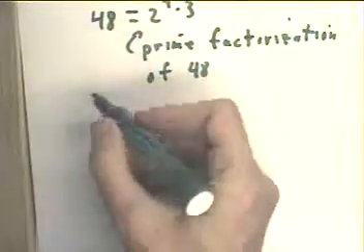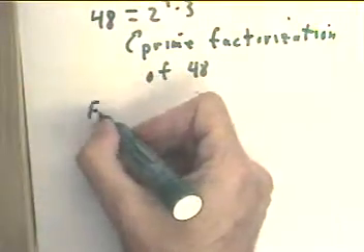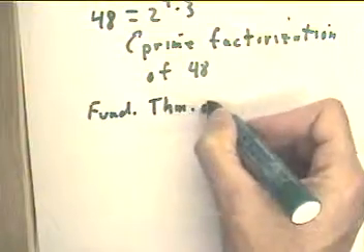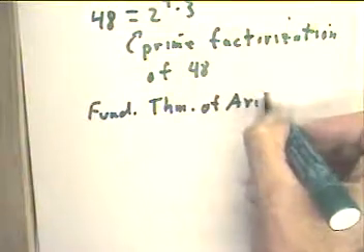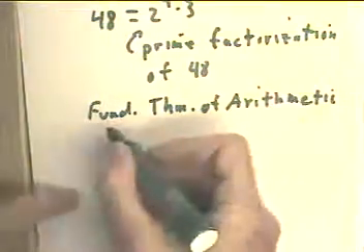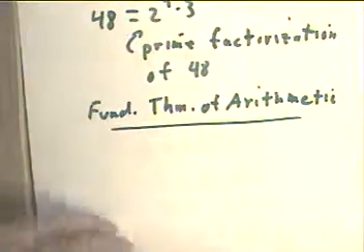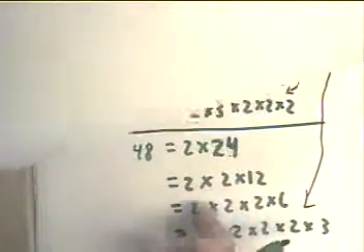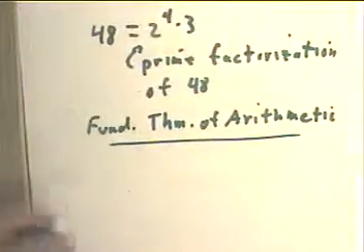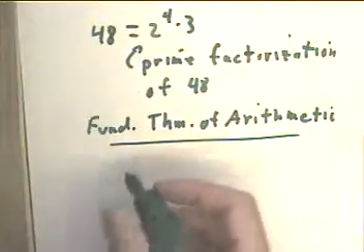And the fundamental theorem of arithmetic tells you what we just experienced with 48. Now, we haven't broken 48 down in every possible way, but if we did, we would find that it always comes out the same.